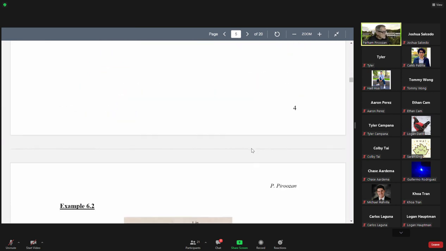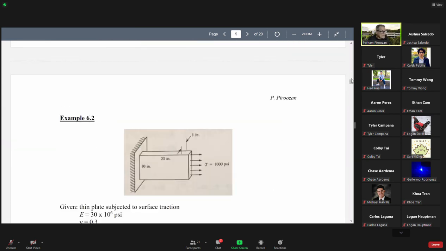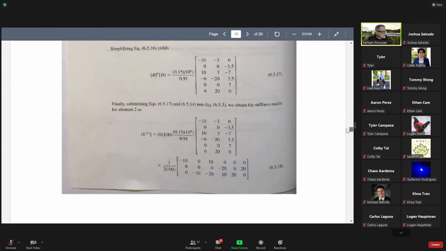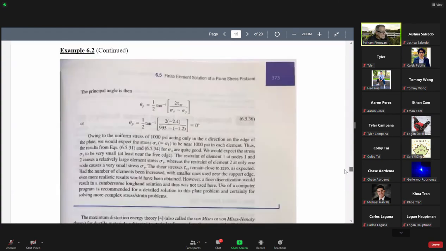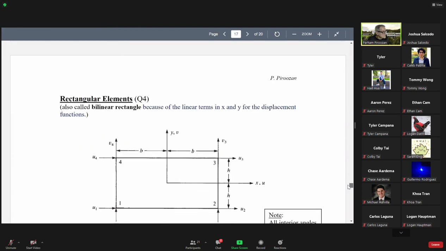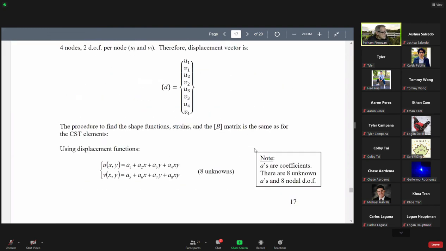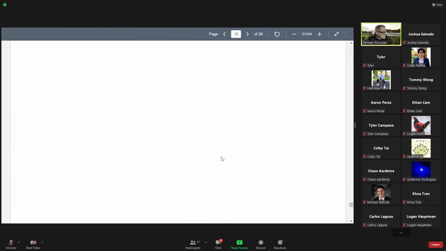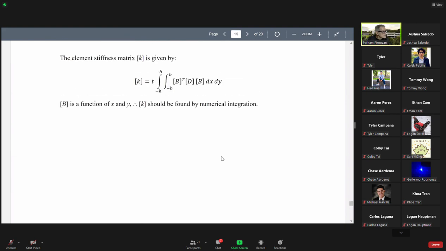And then we looked at also the rectangular elements, and we saw that they behave in general better because of this, mainly because of this, where is the B matrix?